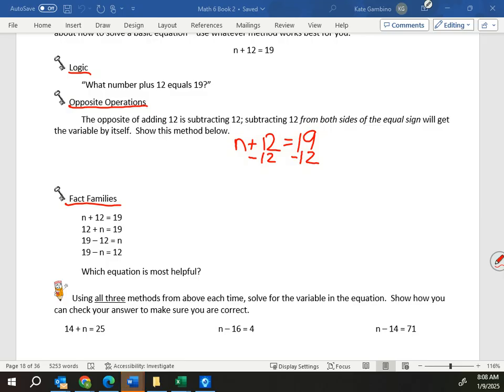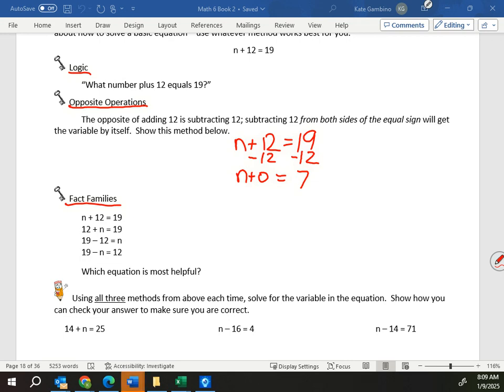What's 12 minus 12? Liam? 0. So I have n plus 0 equals 19 minus 12. What's 19 minus 12? Emma? 7. So if I have n plus 0, it's just going to equal n, right?